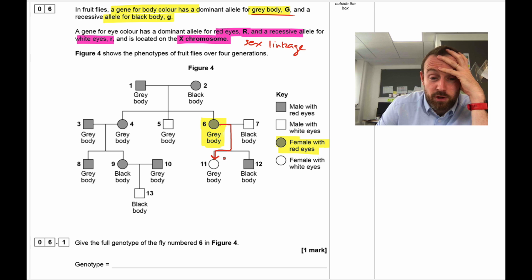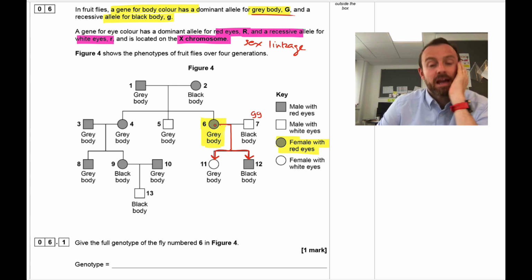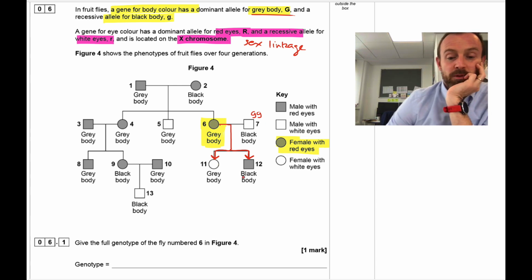Now, it does produce both grey and black body offspring. This one here has a black body, so this is like little g little g. Now, if this parent was big G big G, then there would not be able to be any black body offspring.